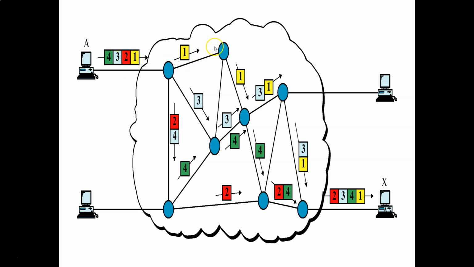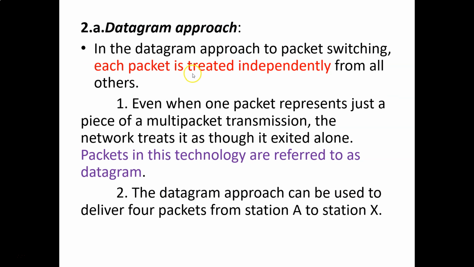Each packet is traveling on its own. The data has to start from A to X. Each data packet will start on its own and somehow reach the destination. So this is the datagram approach.